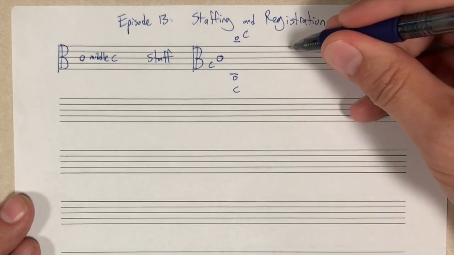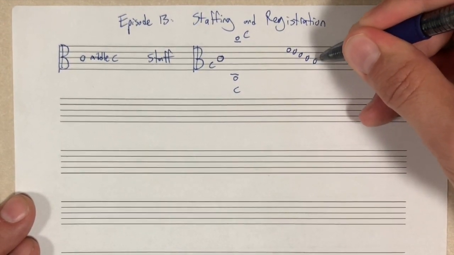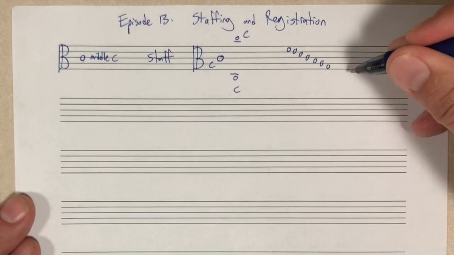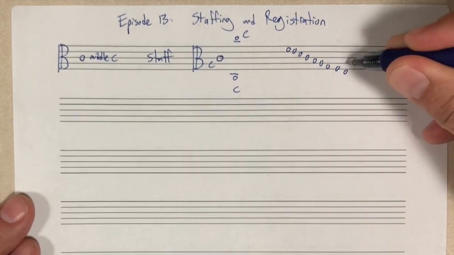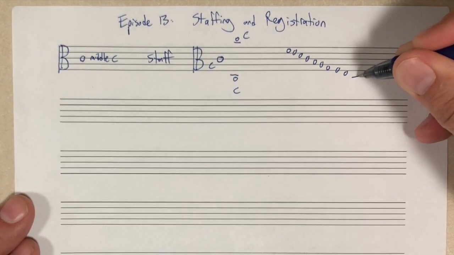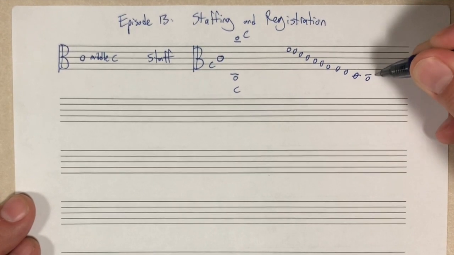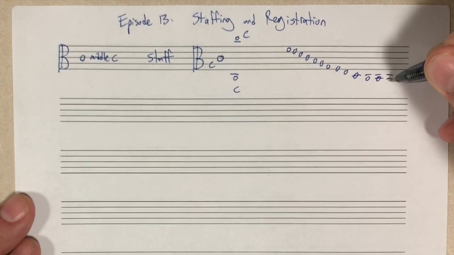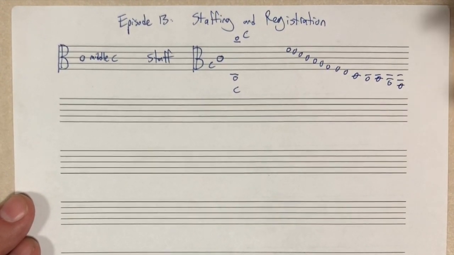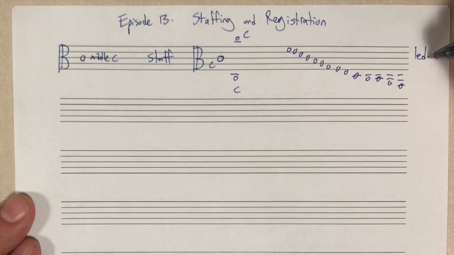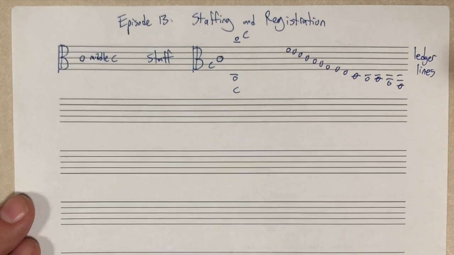So when you have notes that go off the bottom or the top of the staff, say I'm trying to go down and down and down, you get to the bottom, you just draw a little extra line. And then for every note that you want to keep going, you have to give it its own ledger line. That's what those are called. And they just extend the staff, right?